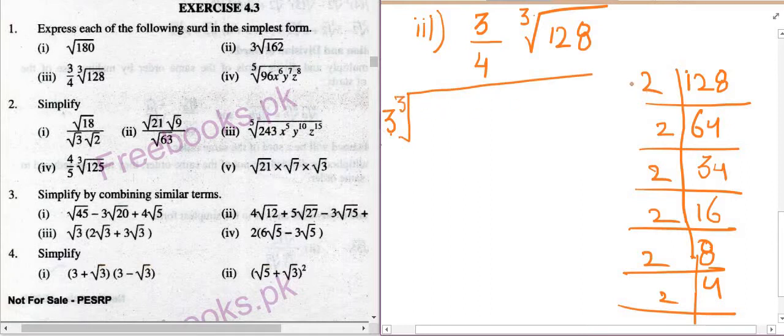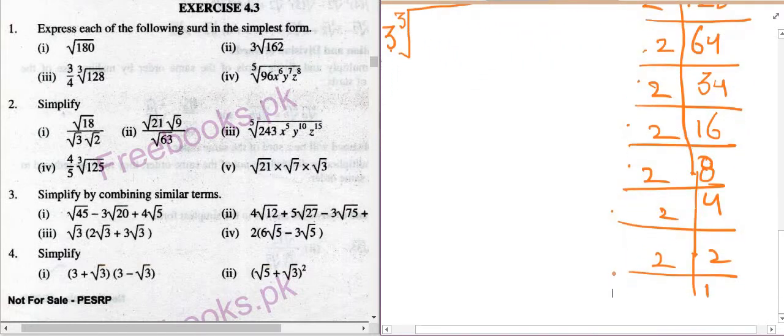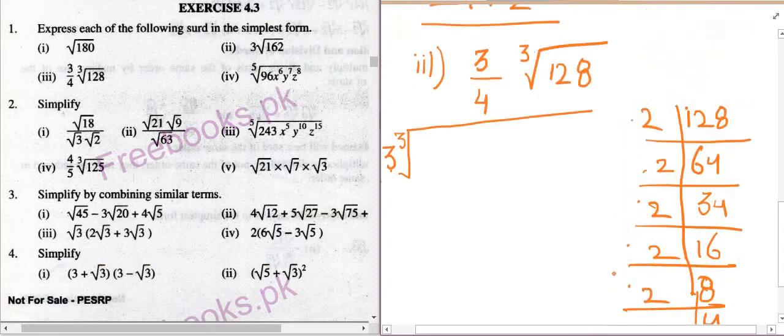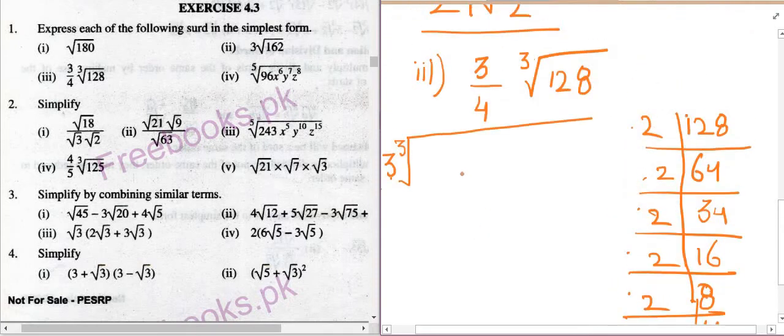Now how many? 1 2 3 4 5 6 7. Okay, we have 7. We can write it as 2 cube multiply 2 cube multiply 2.